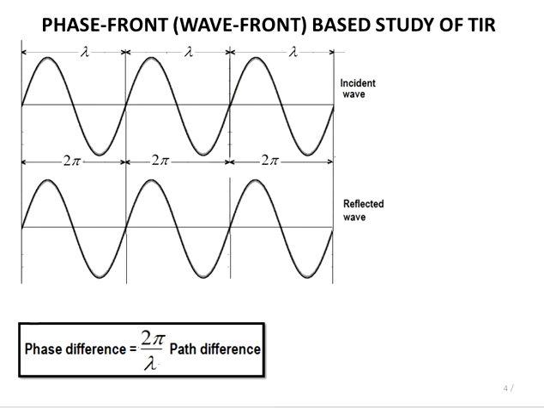Path difference is the distance measured in terms of wavelength, lambda. When any ray completes one cycle, the distance travelled by the wave is 1 lambda.